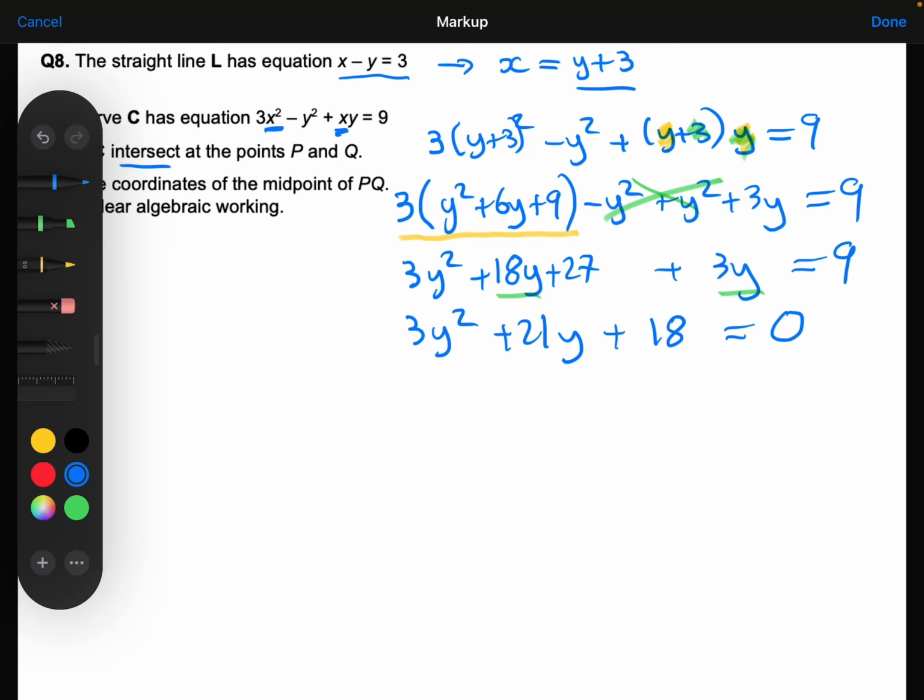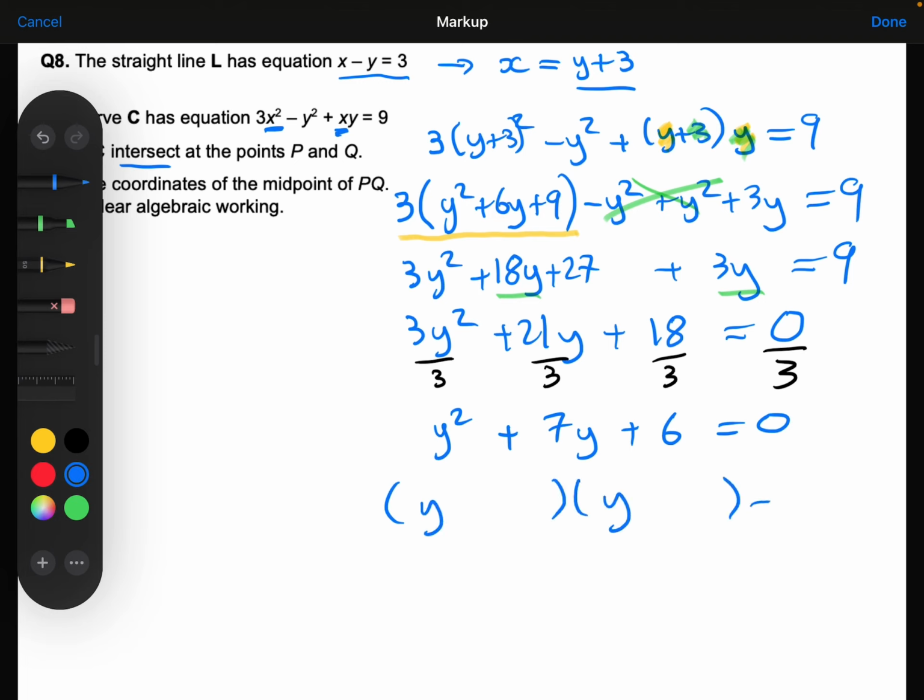Now, one thing I noticed about this equation here is I can make my life easier by dividing each term by 3, just to make the numbers a bit smaller and easier to deal with. 3y squared divided by 3 is y squared. 21y divided by 3 is 7y, and the 18 divided by 3 is 6.